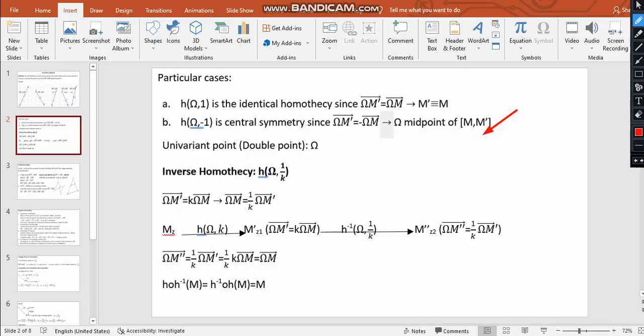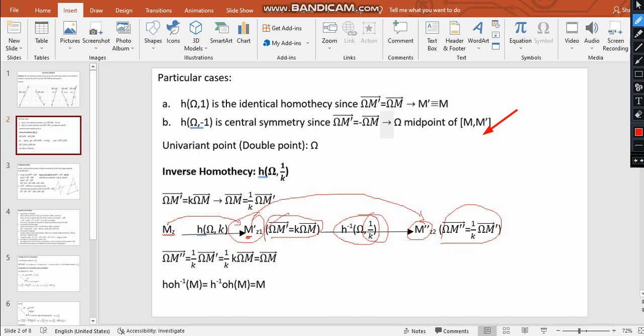So here I'm starting with a point M. We have a homothety of center omega and ratio K. You're going to get omega M prime equal to K omega M. So here I have a point M prime. Suppose I have now H inverse, of center omega and ratio 1 over K. So this M prime will be sent to M double prime such that omega M double prime equals 1 over K omega M prime.